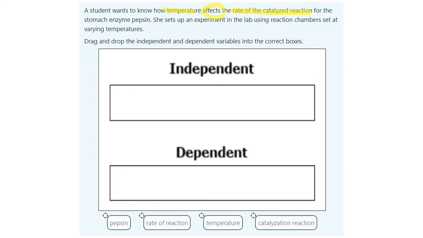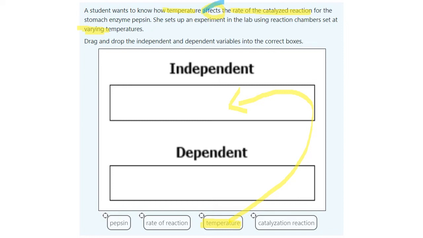For the stomach acid pepsin, she sets up an experiment in the lab using reaction chambers set at varying temperatures. Varying means different. So she is choosing different temperatures. There are various temperatures. The person doing the experiment is choosing the temperature. So this has to be the independent variable.